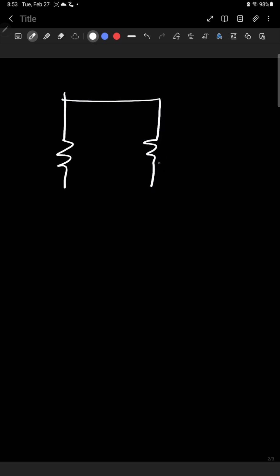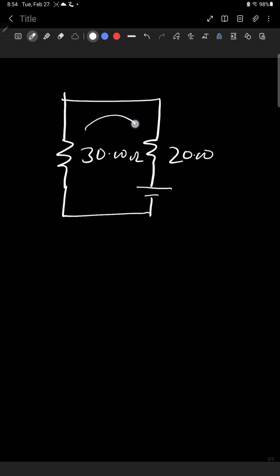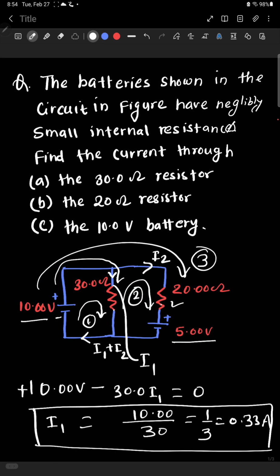This was another resistance, so 20.00 ohm, 30.00 ohm, and here was a battery. I'm going clockwise again. This was the positive terminal, this is the 5 volt battery. So writing the equation for this part, the current was I2.